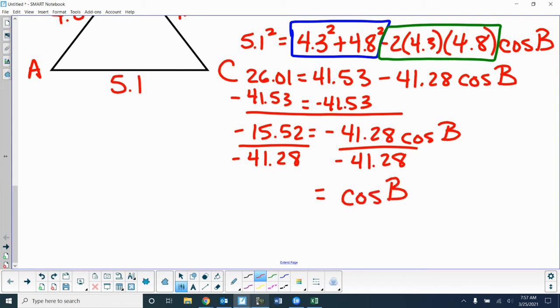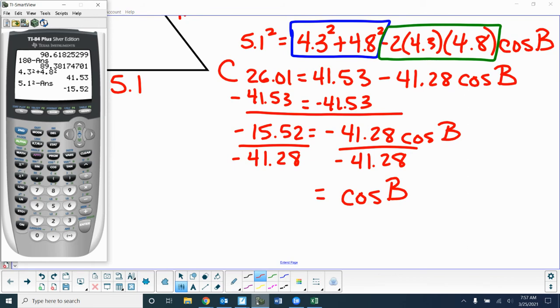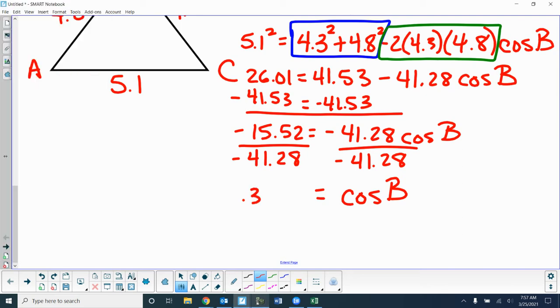All right, so in my calculator, I've got that negative 15.52. I divide it by negative 41.28. That gives me that decimal, 0.3760 if I round it. Again, I don't round it, though.